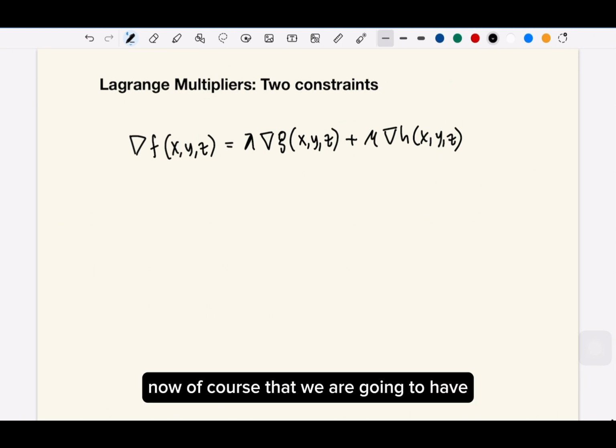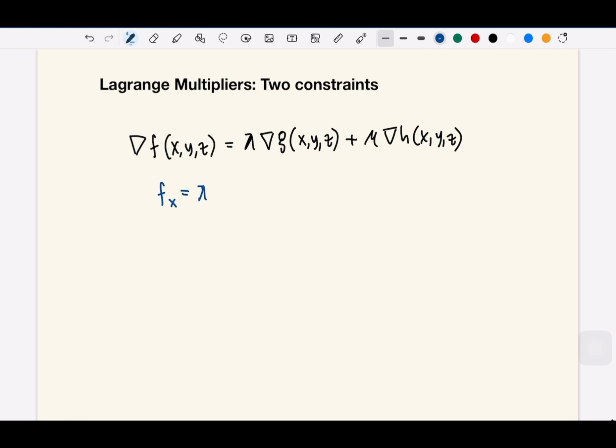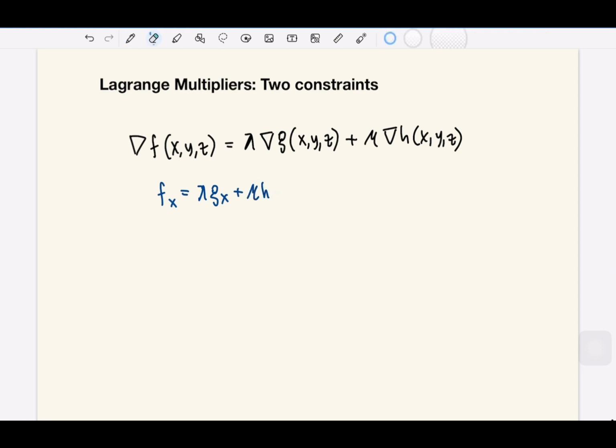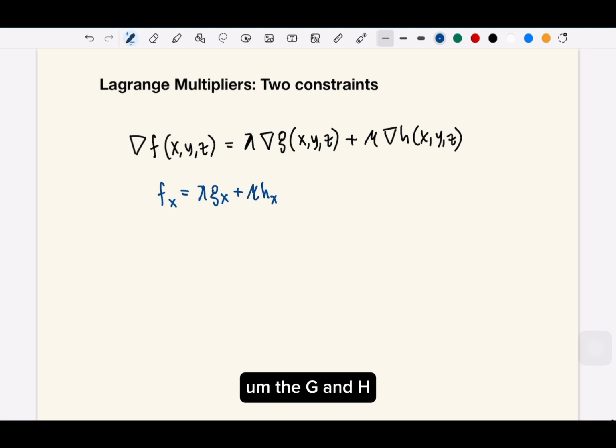Now of course, based on this expression, we're going to have an equation which includes the G and H. Okay.